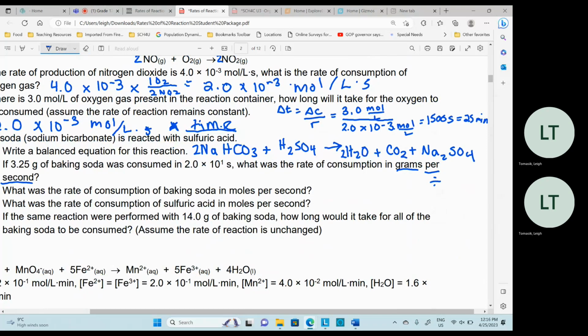So we're going to take the grams and divide by 2.0 times 10 to the negative 1 seconds. So 3.25 divided by basically 0.2 gives us 16.25 grams per second.